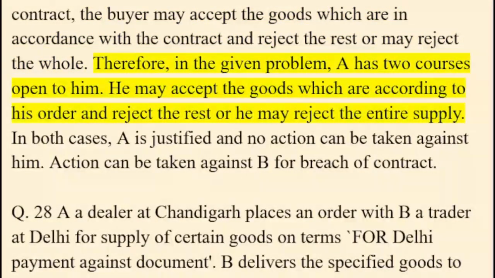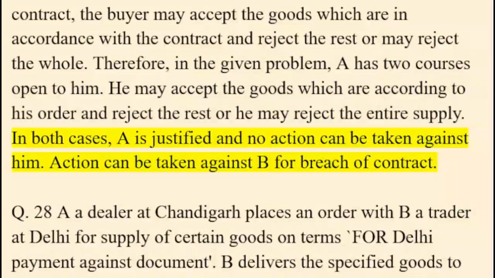Therefore, in the given problem, A has two courses open to him. He may accept the goods which are according to his order and reject the rest, or he may reject the entire supply. In both cases, A is justified and no action can be taken against him. Action can be taken against B for breach of contract.